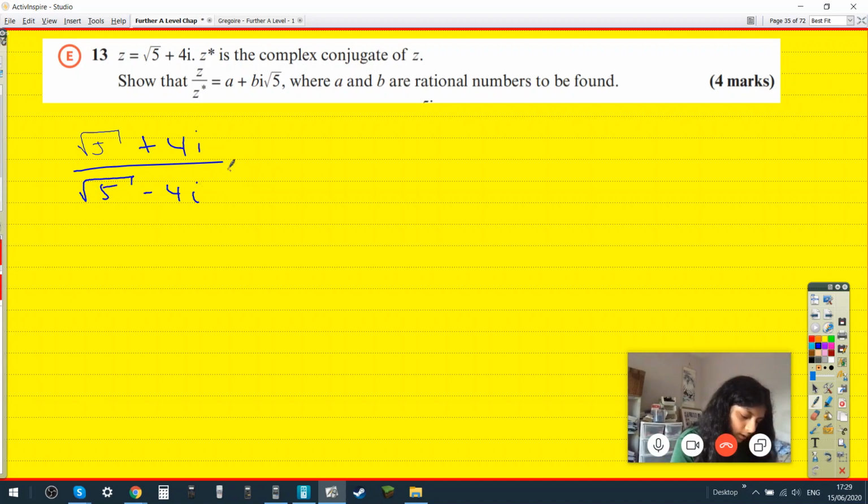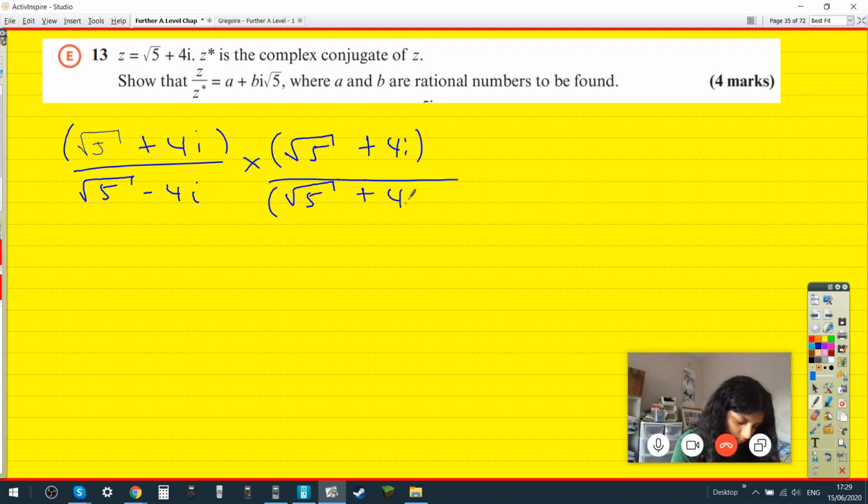So then the top is... calculator. I got 8 root 5i minus 11 for the top part.